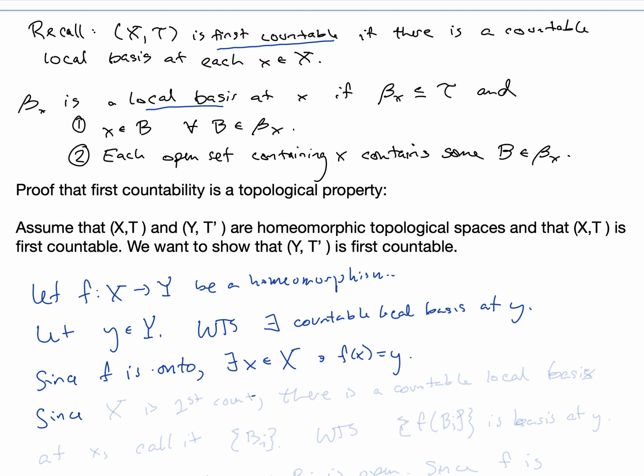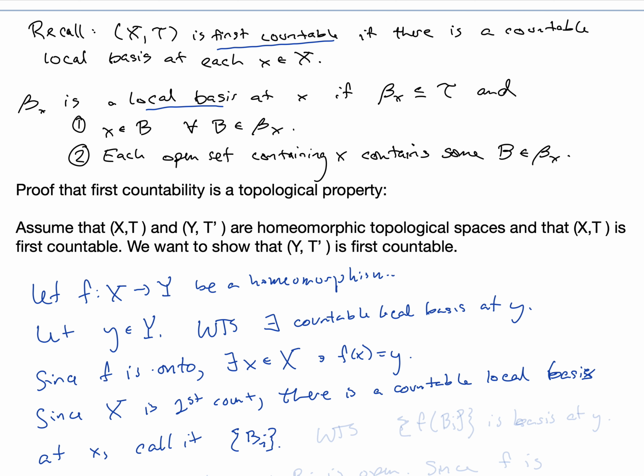And then since X is first countable, there is a countable local basis at x. Let's call it the collection of sets B_i, and I can use i as a subscript because this is some countable set. It might be finite or it might be a countably infinite set.